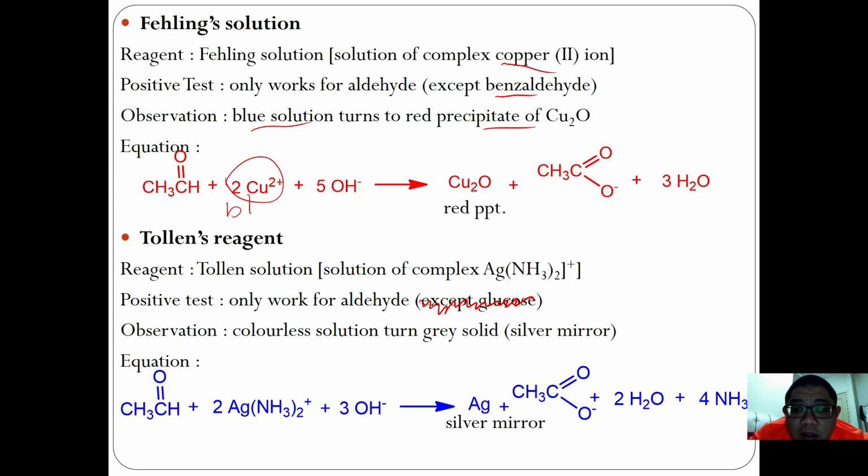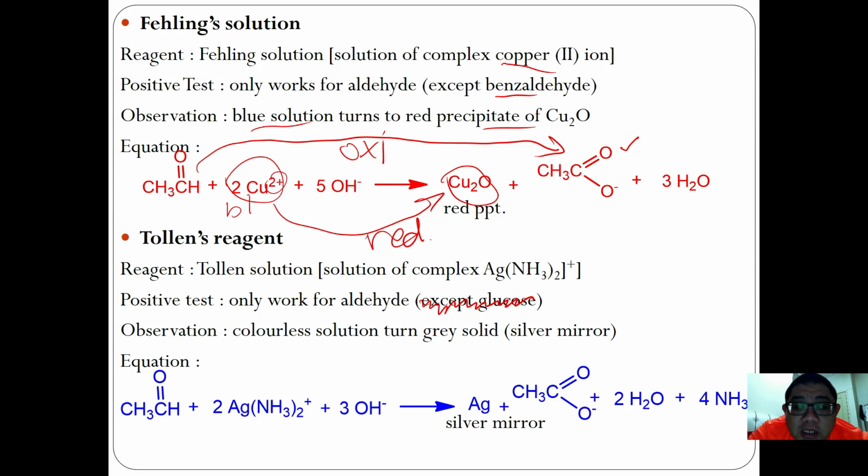This red brick precipitate is due to the formation of Cu2O, and at the same time you form a carboxylate ion. If you study properly here, from the carbonyl compound to a carboxylate, this is an oxidation reaction, and from Cu2+ to Cu2O, this is a reduction reaction. So this reaction is basically a redox reaction where ethanal acts as a reducing agent.